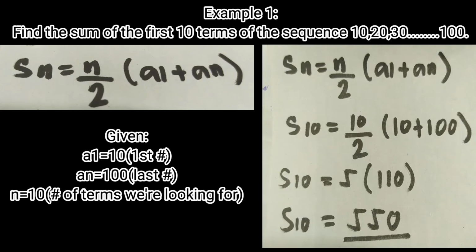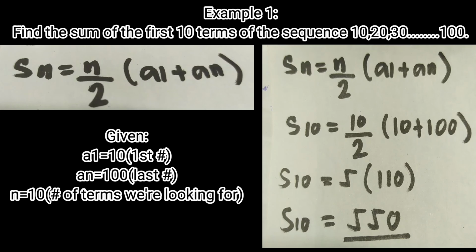So for our solution, following the formula, Sn is equal to n divided by 2 times a1 plus an. And what is our n? 10. So we have S10 is equal to 10 divided by 2 times our a1, which is 10, plus our an, which is 100.